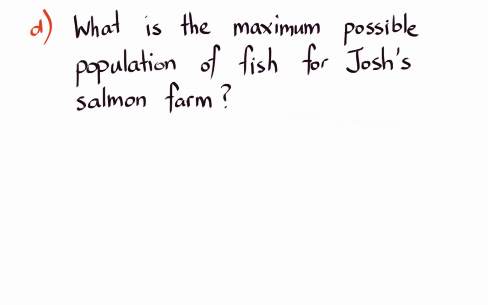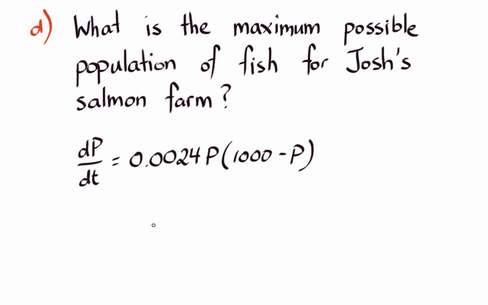What is the maximum possible population of fish for Josh's salmon farm? Now, you might already have a little inkling as to what that is, based on what we just saw in part C, but how can we show this algebraically? Well, there's actually 2 ways to do this. The first is by noting that the differential equation we were given is in the form of dp/dt equals some constant value times p times n minus p.